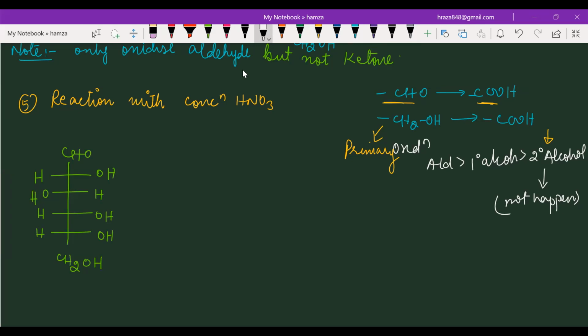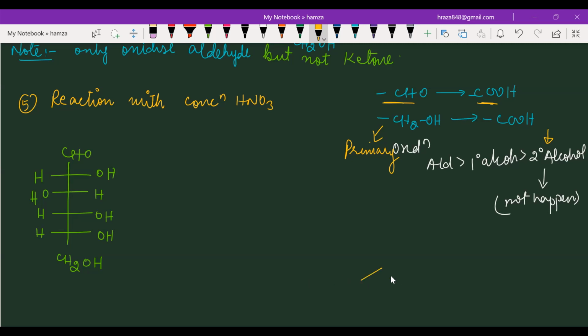Sir, secondary. Secondary alcohol, how many? So do you know how to calculate secondary alcohol? Do you know how to calculate secondary halide in haloalkanes and haloarenes? Sir, you need to just see how many carbons are connected to that carbon.